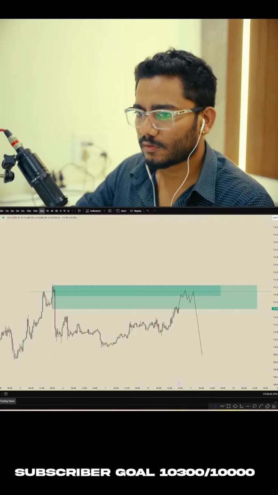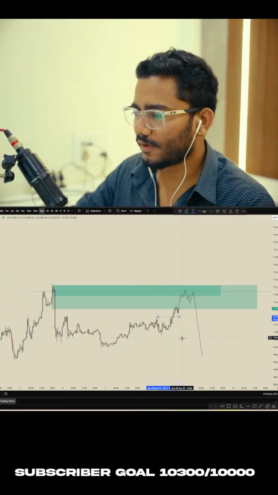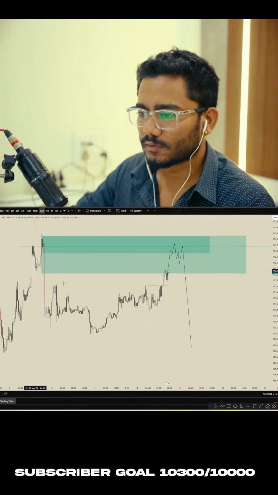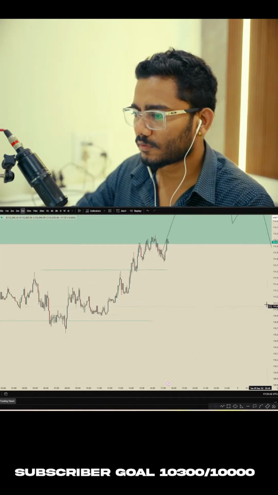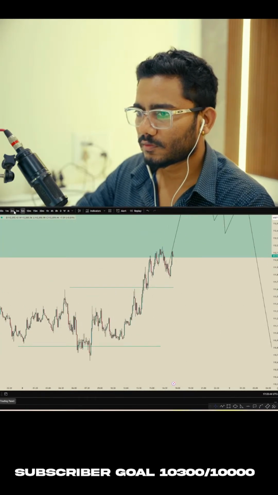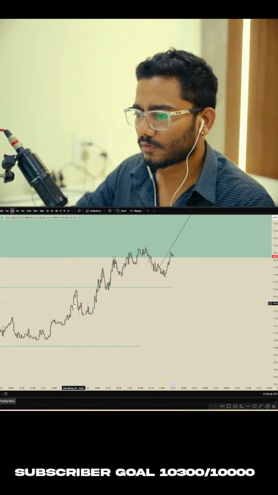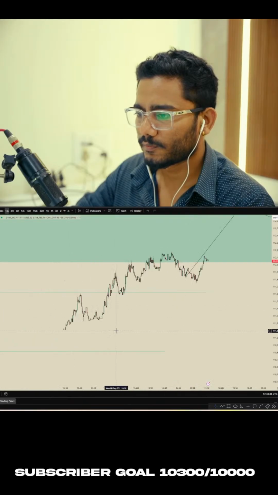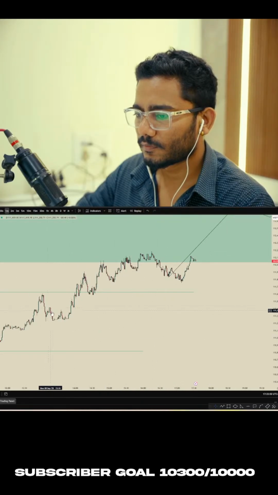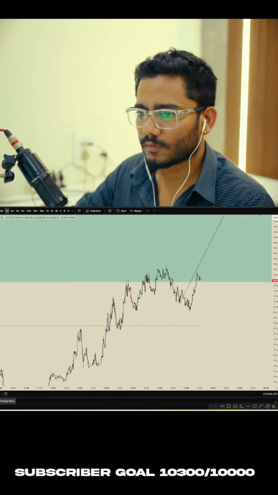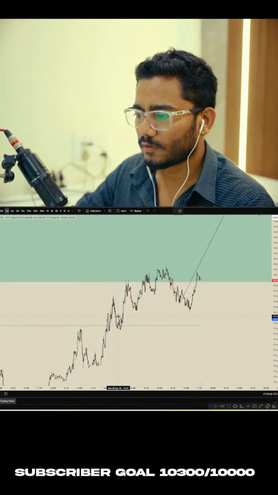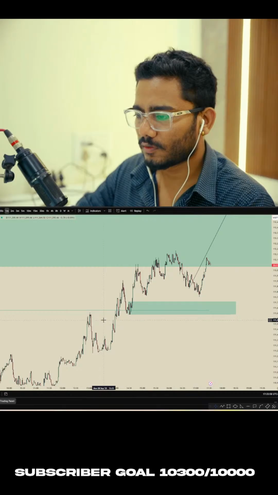Right now, on 30 minutes, price is creating higher highs and higher lows. Here, it took out the liquidity, tapped, continued. It should tap this. This has been mitigated.